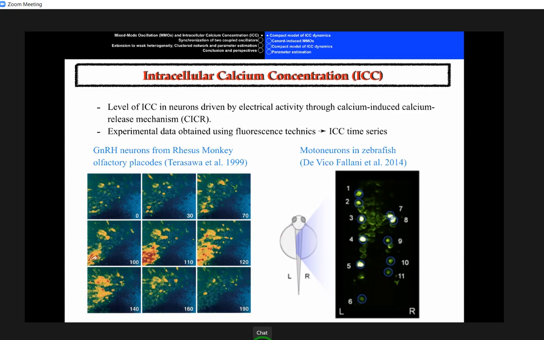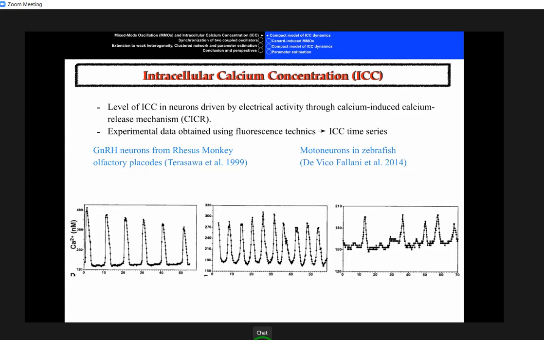What is interesting is that, in the GnRH neurons or in motoneurons, the pattern of ICC oscillations that we can record is mainly the same.